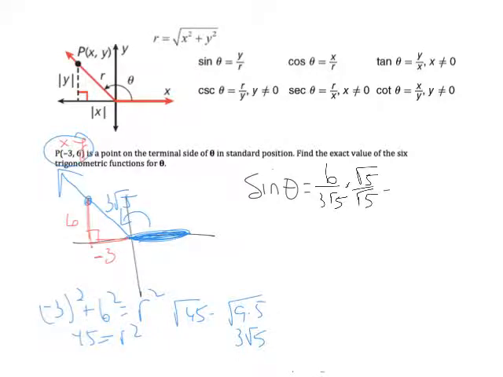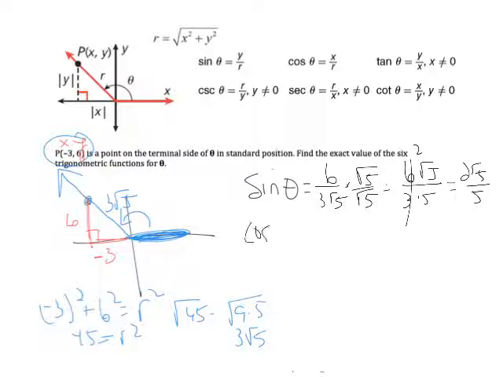So you get a 6 radical 5 over, I'm going to leave it as a 3 times 5, just so that you can see that the 6 and the 3 are going to cancel. You could have written 15 and then reduced 6 over 15. I'm sorry, this is going to reduce to a 2. So you have a 2 radical 5 over a 5.